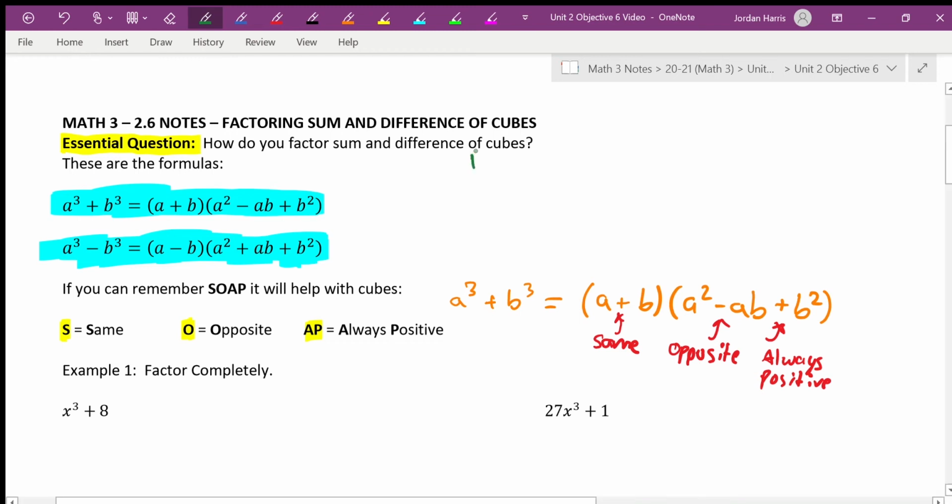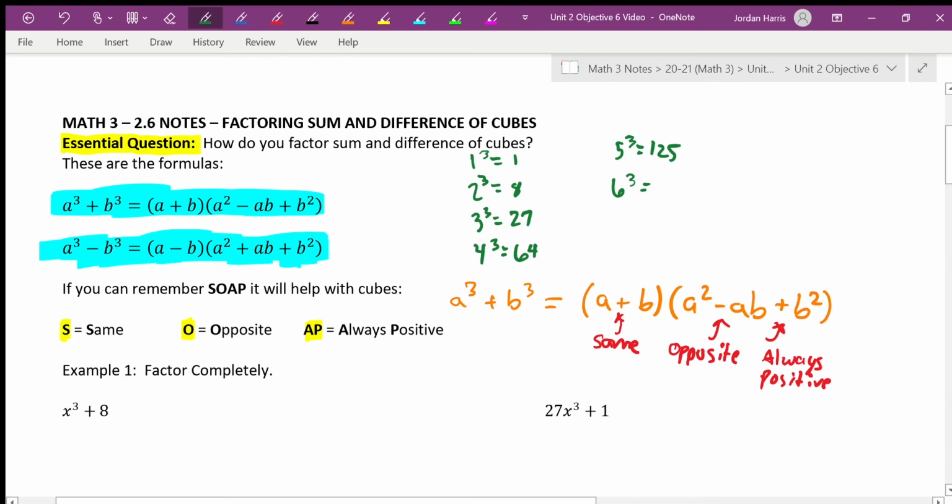So 1 cubed is 1. 2 cubed is 8. 3 cubed is 27. 4 cubed is 64. 5 cubed is 125. 6 cubed, this is where we're getting into numbers that a lot of people don't know, so you want to be able to recognize these, by the way.